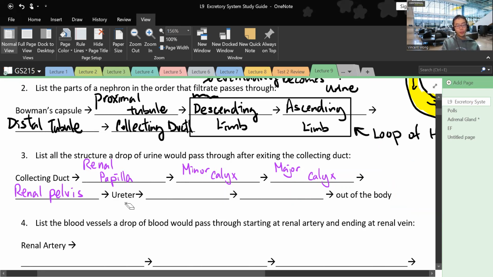And then it will go into the ureter, which takes it to the urinary bladder. Don't just say bladder because you also have a gallbladder. We got to be specific. And after the urinary bladder, it will go to the urethra before it comes out of the body.